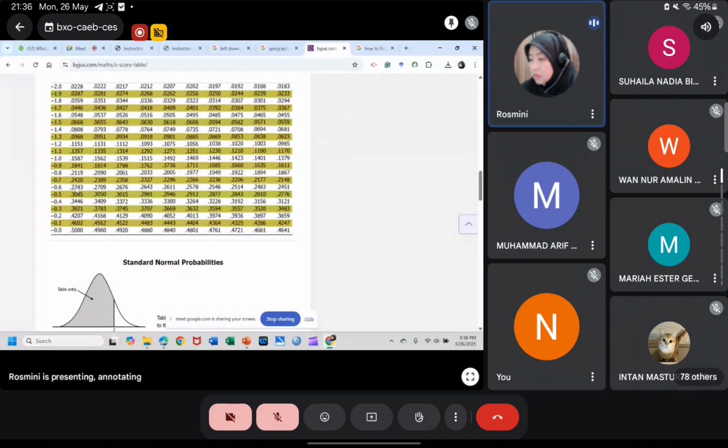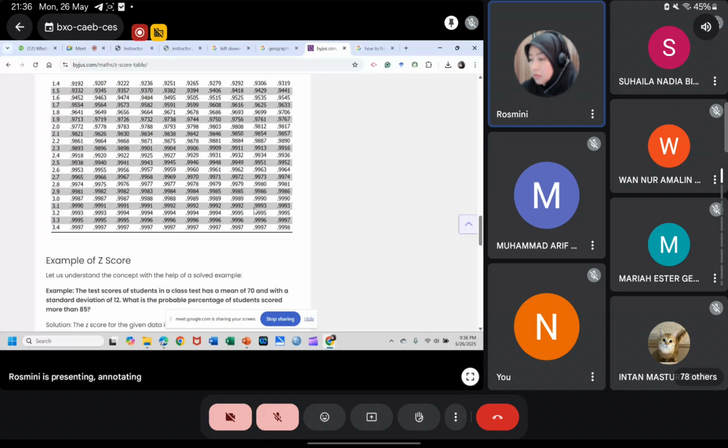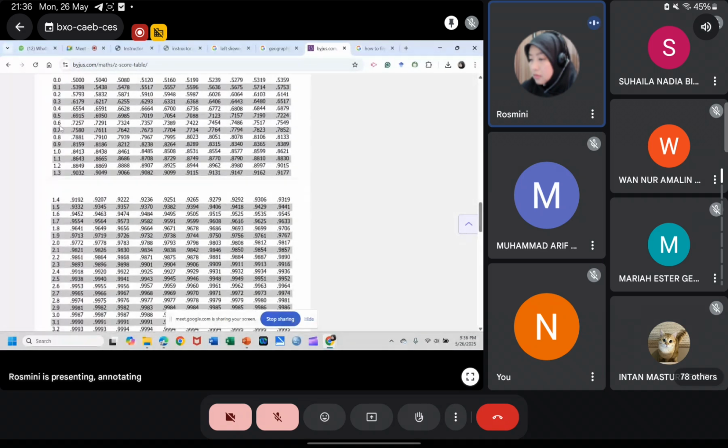So for 0.68 we get 0.7517, and for negative 0.68 we get 0.2483.